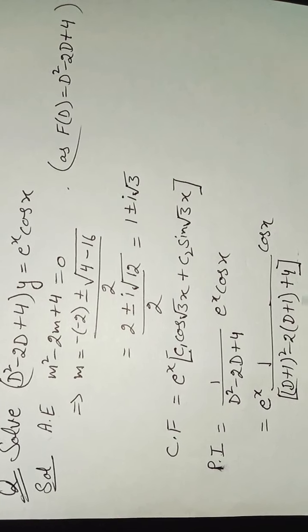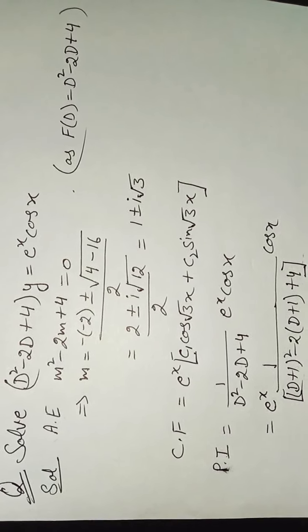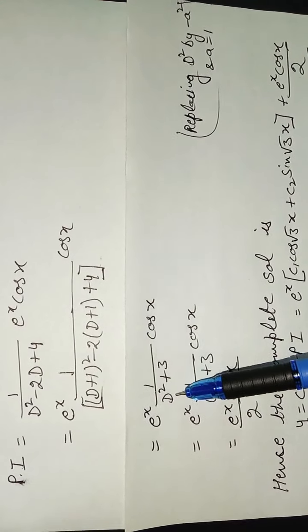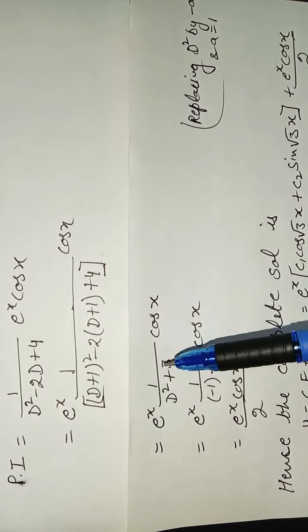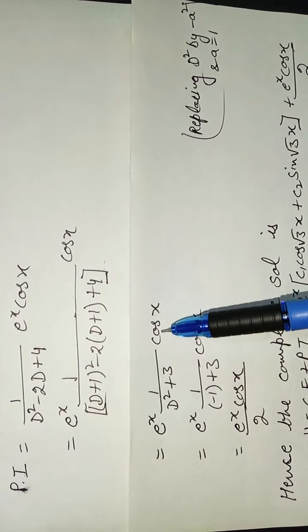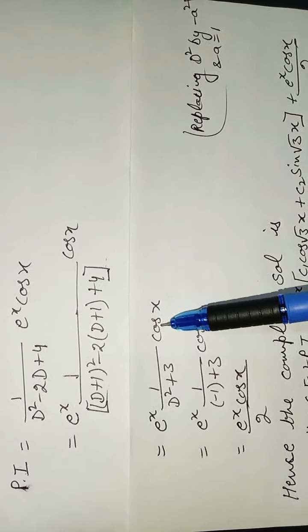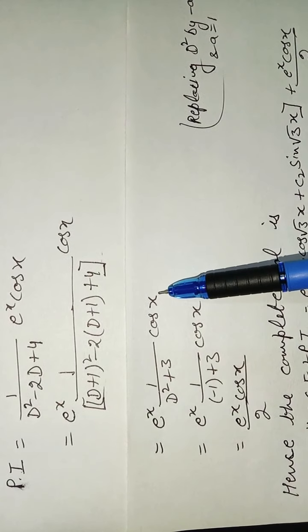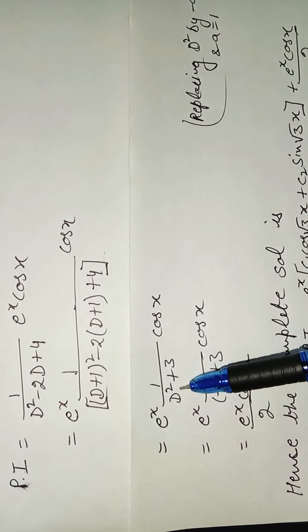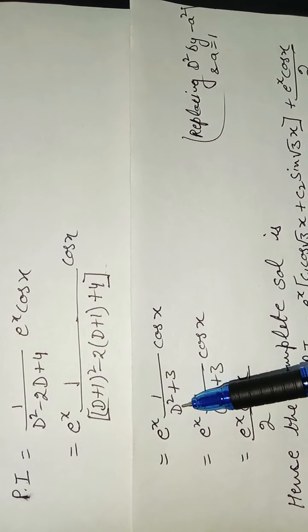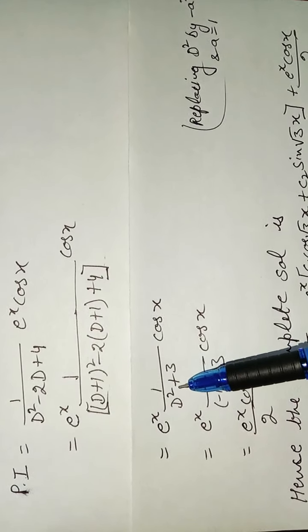Now we simplify this denominator and we get D square plus 3. And you have already learned that if we have cos ax or sin ax, then we replace D square by minus a square. Here a is 1, so we replace D square by minus 1.